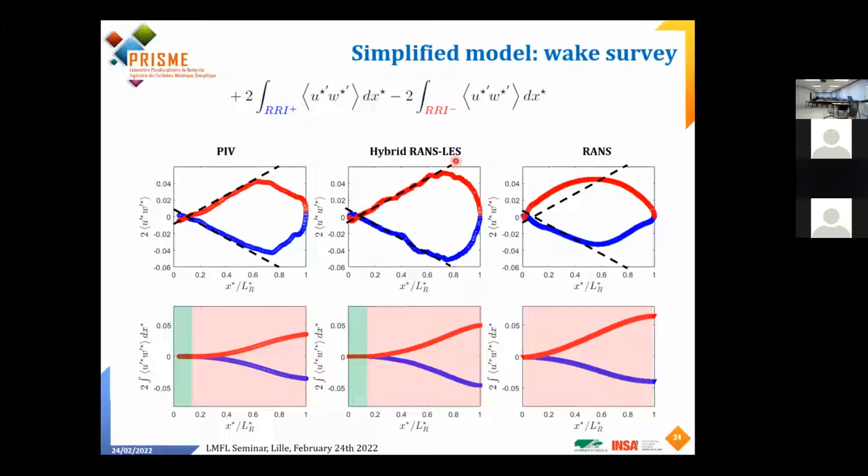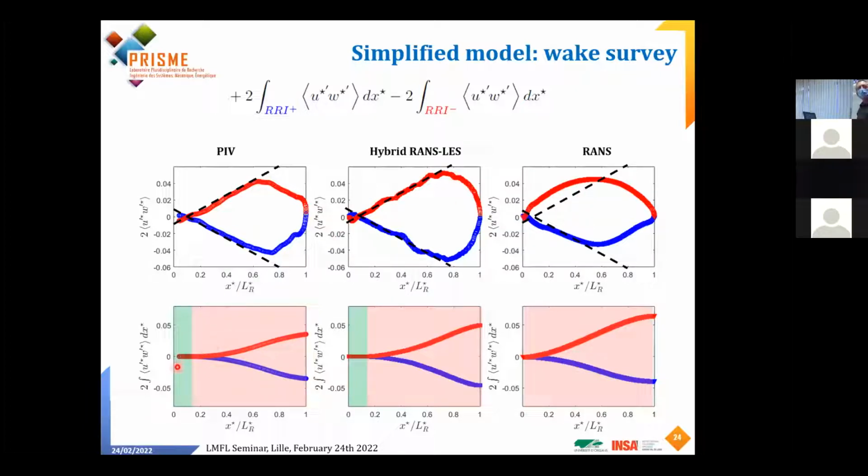Here I have used these lines in black and put it on all of this graph to show the difference between these three types of approaches. And we can see once again that the hybrid approach is very close to the measurements done by the PIV, whereas this one is completely different.